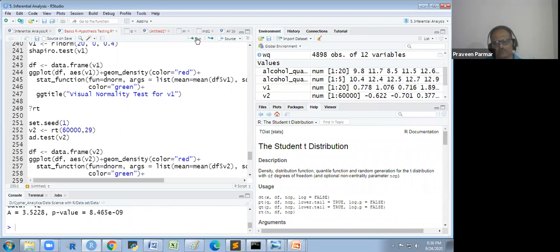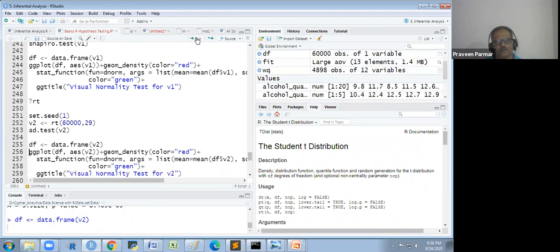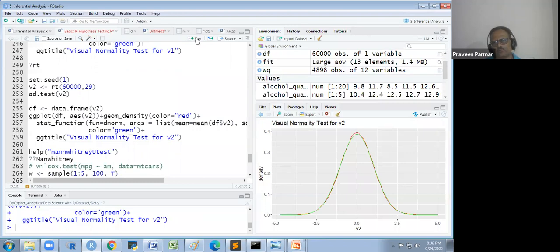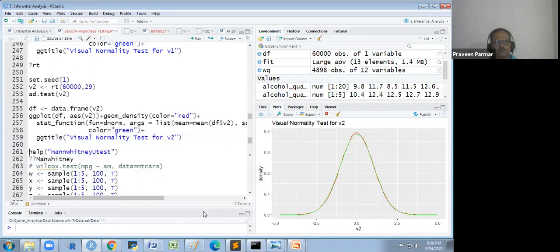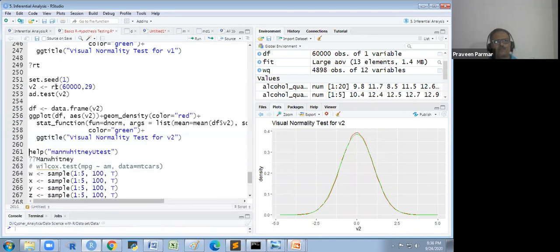So it is less, so it is not normal. And I will show you that graph also. It is showing it is normal. The visual normality test for V2. V2 we are taking, we have something wrong. The T distribution would be normal, but the value is not proper that we are getting here.